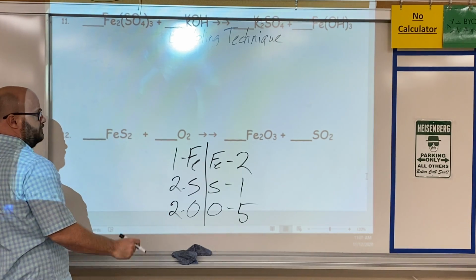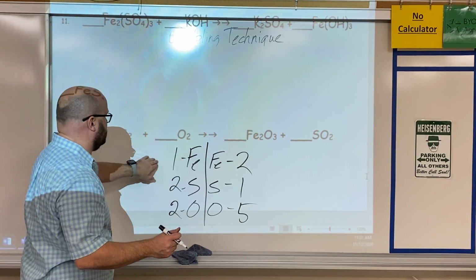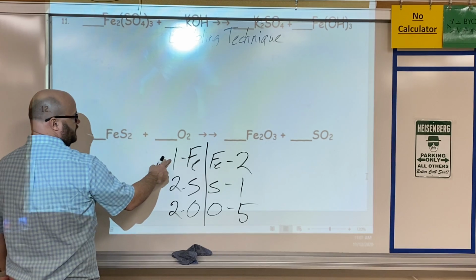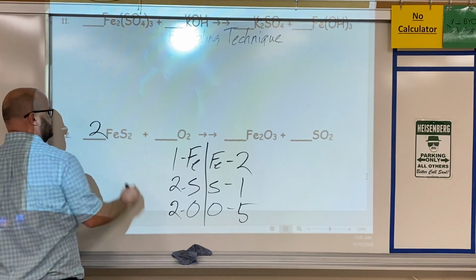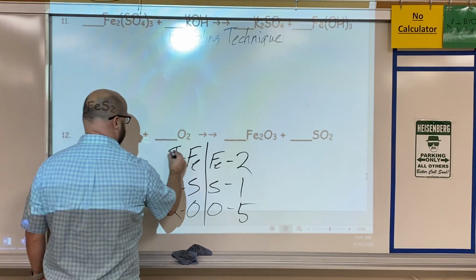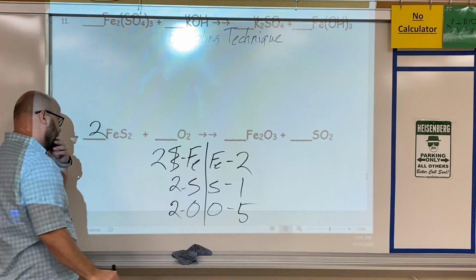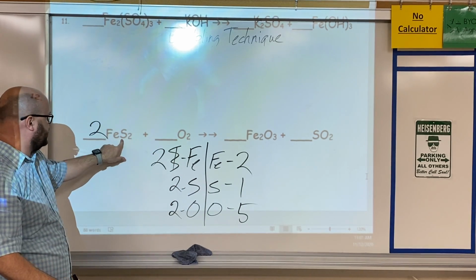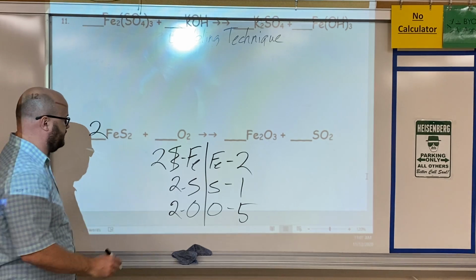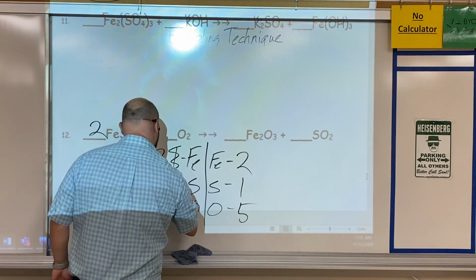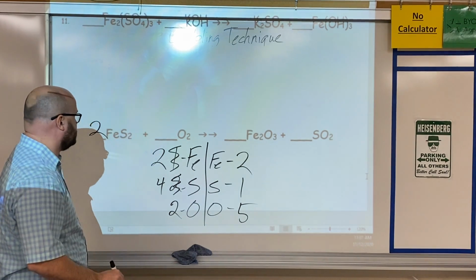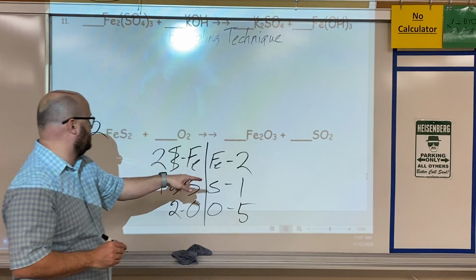All right, so we're going to save oxygen for last. Let's worry about iron. To make this 2, simply put a 2 right there. That's going to also change sulfur though, so 2 times 2 is 4. All right, go to this side.